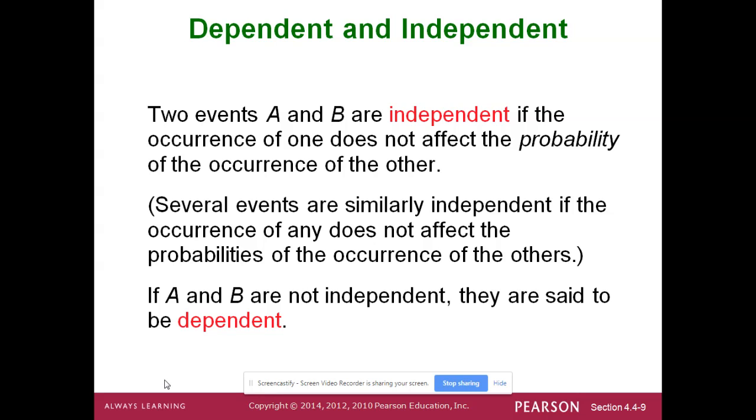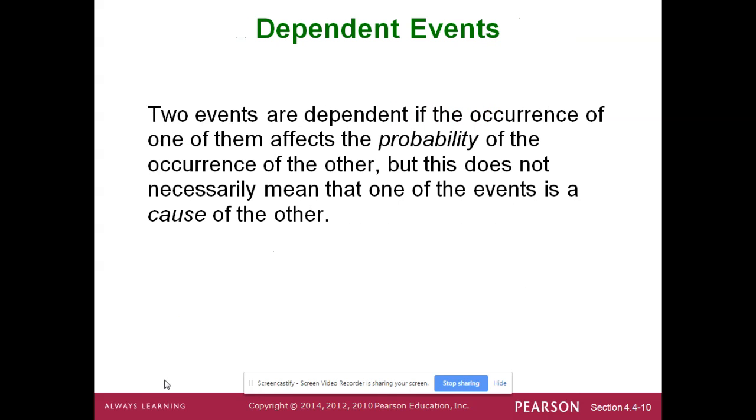Several events are similarly independent if the occurrence of any does not affect the probabilities of the occurrence of the others. If A and B are not independent, then they're said to be dependent events. Independent events, the first one does not affect the second one. Dependent ones, they do. So we've got to decide that first.